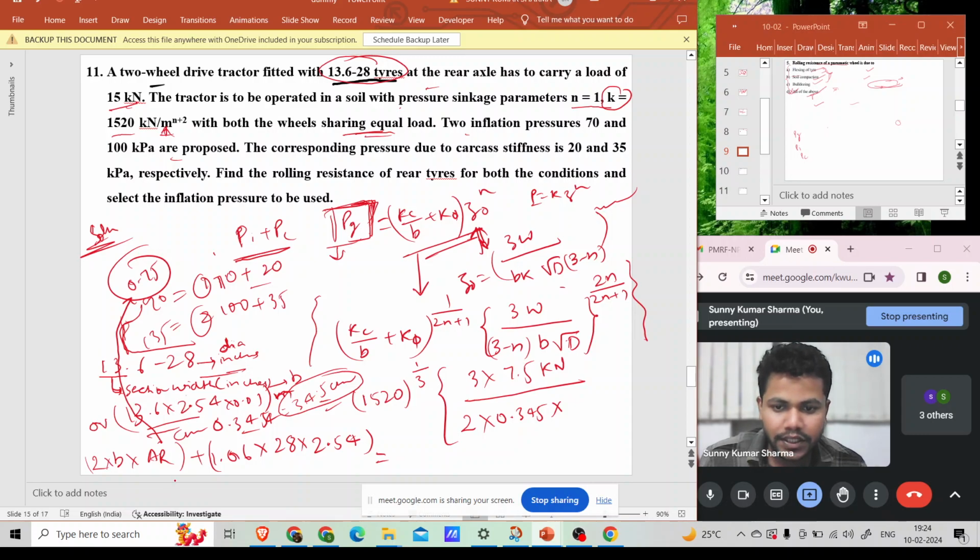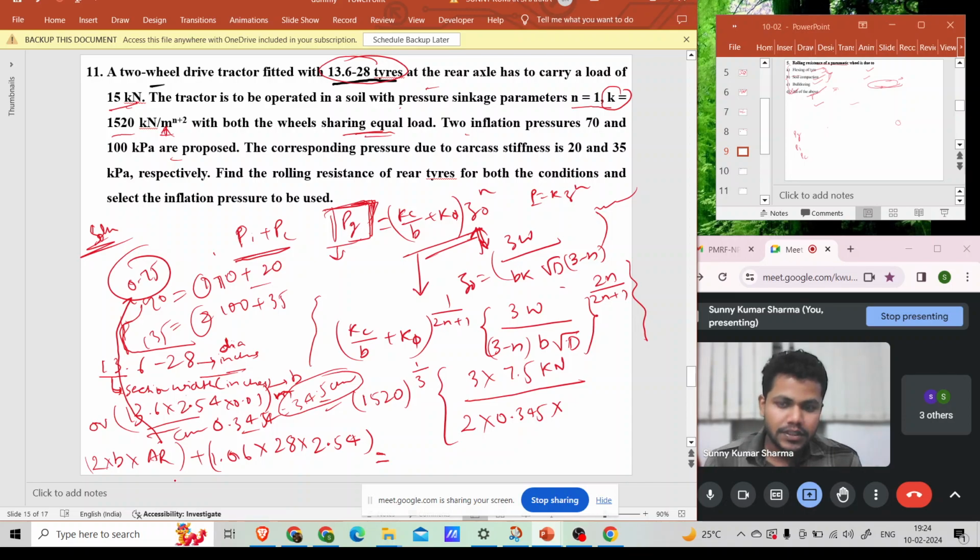What overall diameter are you getting, Sivaram? Calculating it, 1 minute. Sir, that aspect ratio 0.75, can we take it in any case, or is it defined differently for agricultural and industrial? For tractor tires, if it is not designated on the wheel, then you can take it by convention, it is 75%.